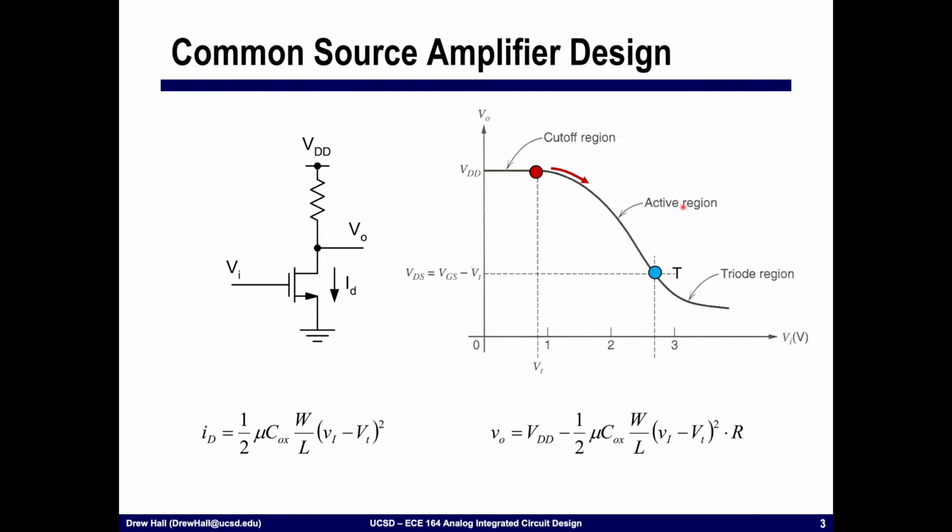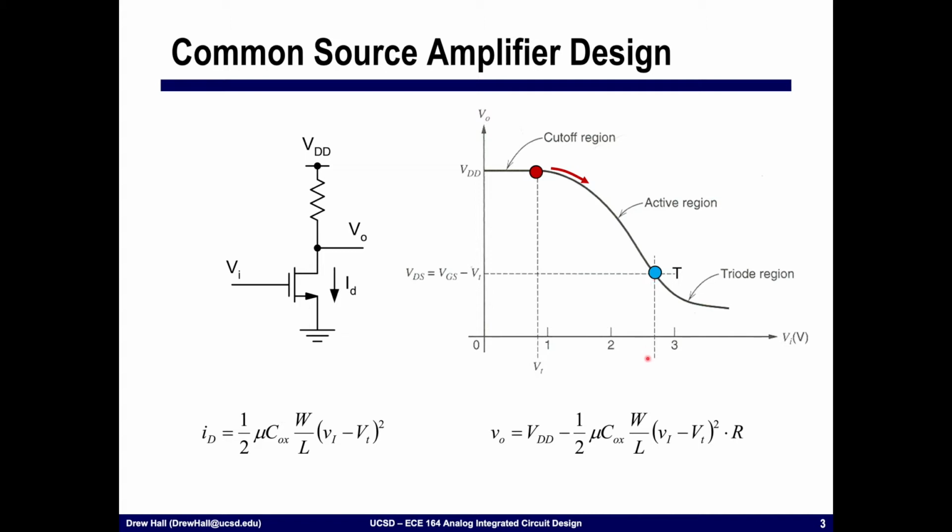Okay? And so within this region, that is within VT and some point up here, which we'll calculate a little bit later, the device is in active region and it's acting as an amplifier in exactly the manner that we previously described, where we can write that V out is equal to VDD minus the current, which we derive from this expression here, times this resistance. Okay?